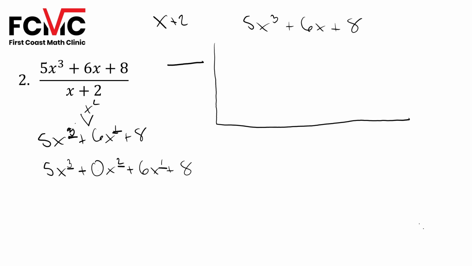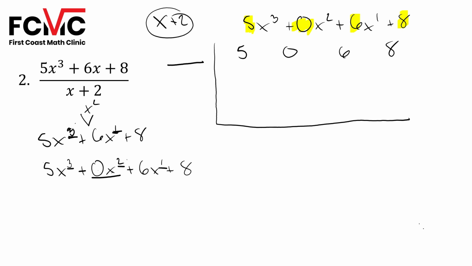We've got to put that 0x to the second. Then we're going to take the coefficients 5, 0, 6, and 8, and these are the values we're going to use to do our synthetic division.